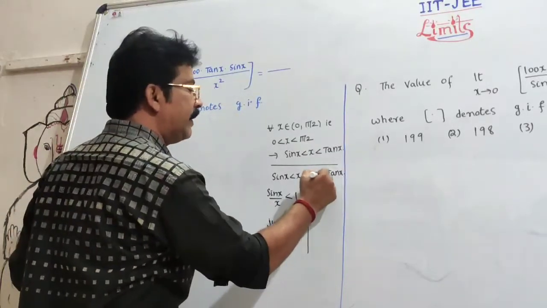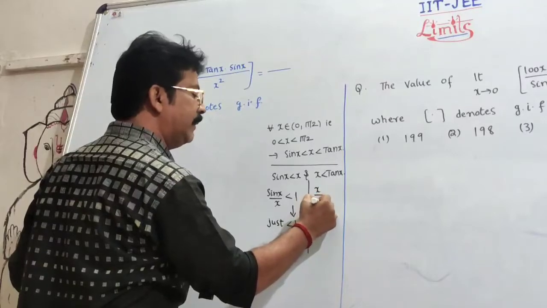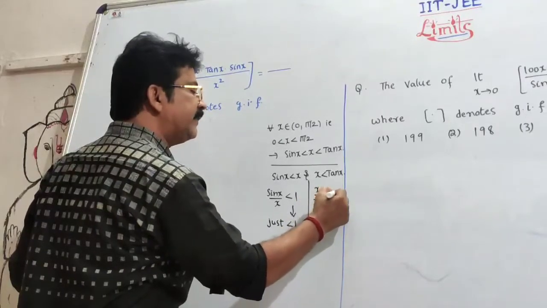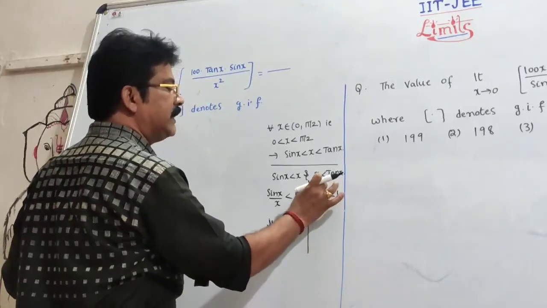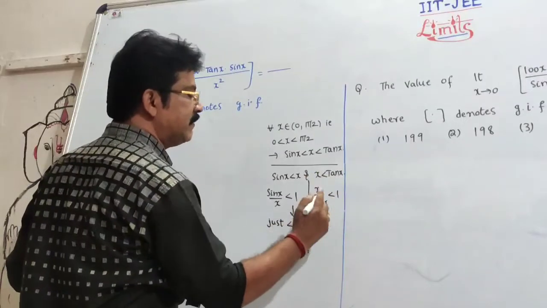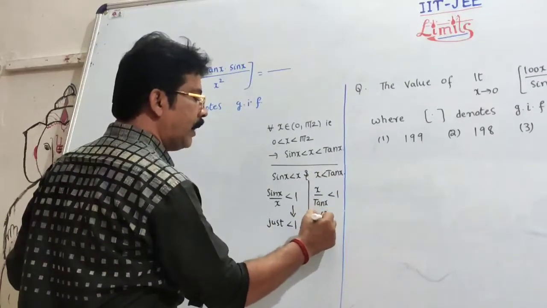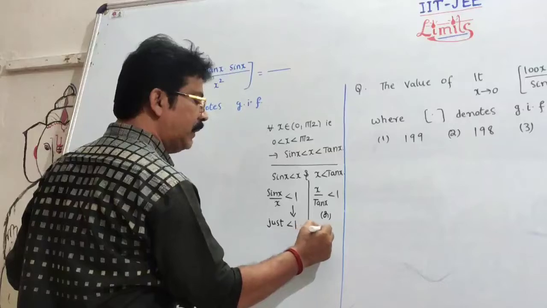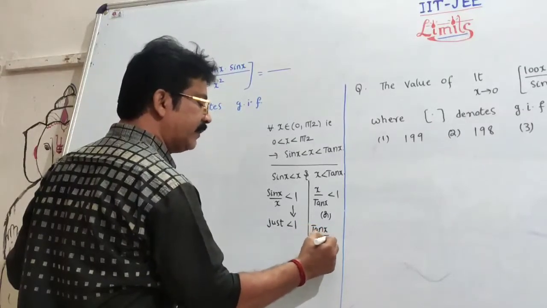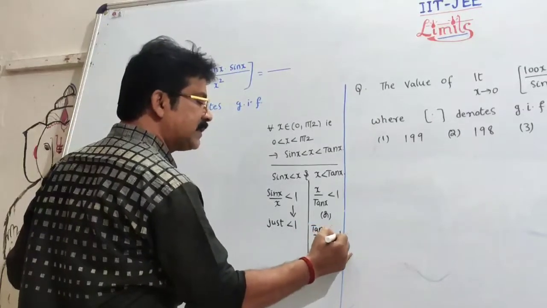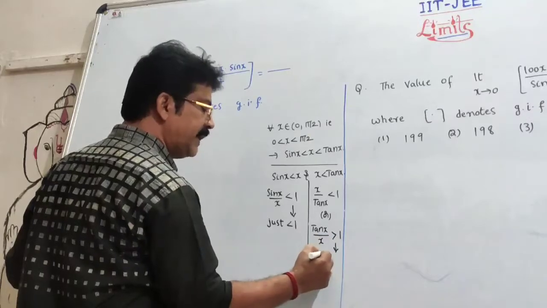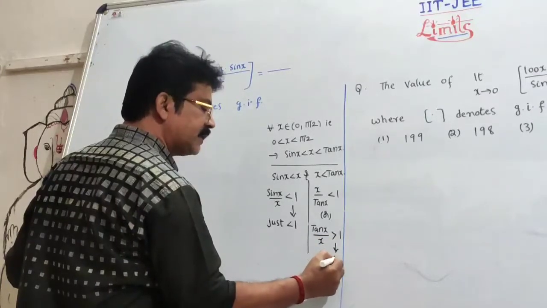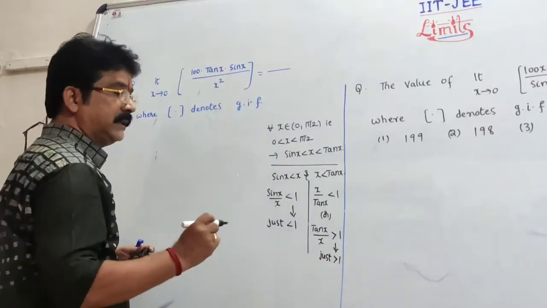Next, x divided by tan x is less than 1. Here also, this ratio is just less than 1, or its reciprocal tan x divided by x is just greater than 1. What does it mean? It is just greater than 1.